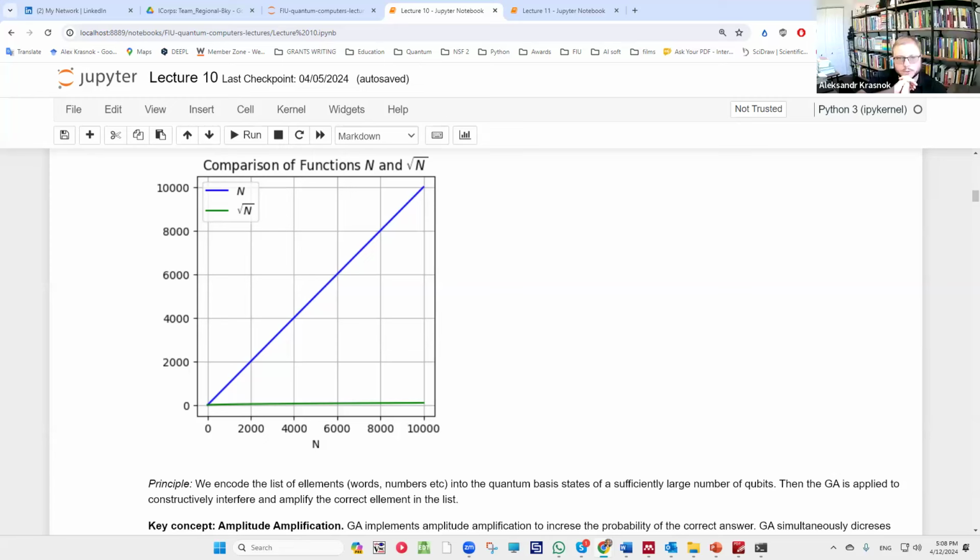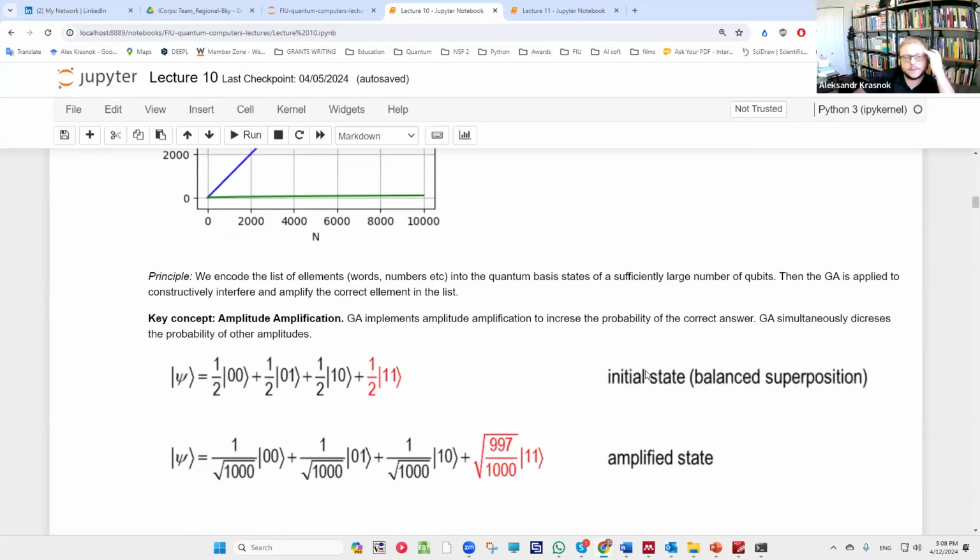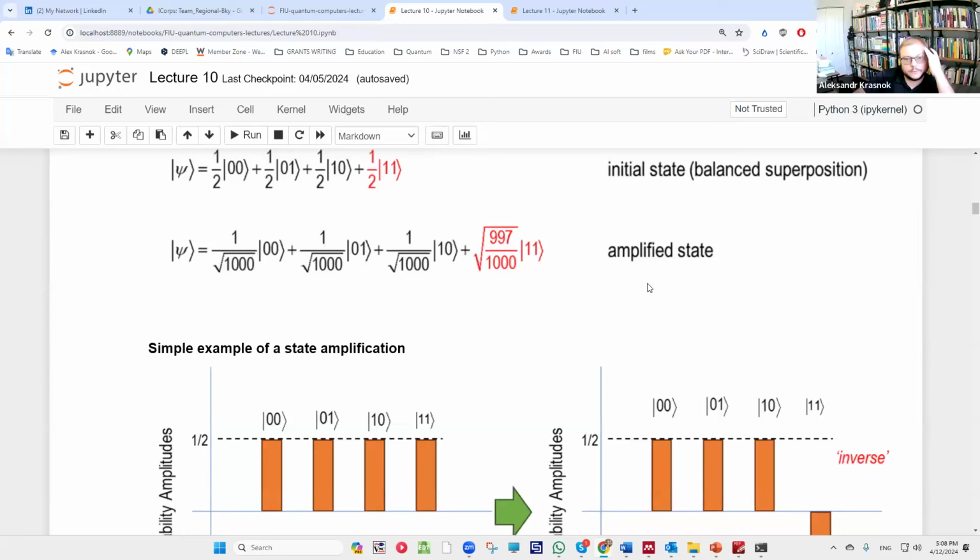Like if we have 1,000 qubits, we can encode an enormously large number of elements and then search among them. So the elements are encoded into the basis vectors of a Hilbert space.